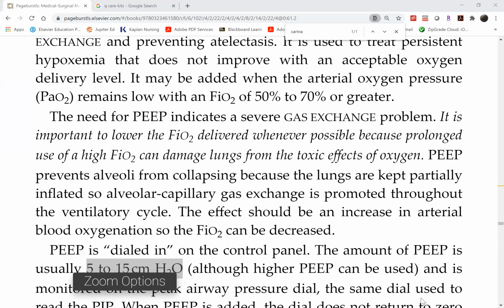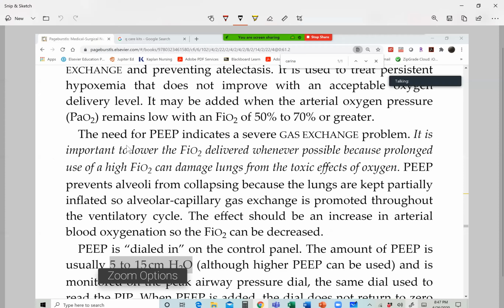So PEEP is a setting on the vent. Your purpose of putting PEEP is, just like in CPAP, wherein you don't want the lung to collapse.